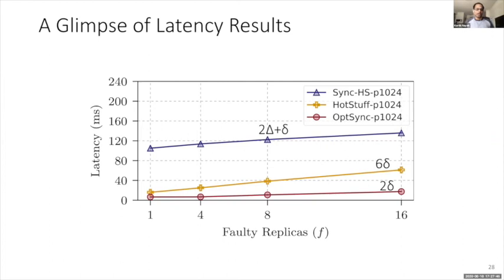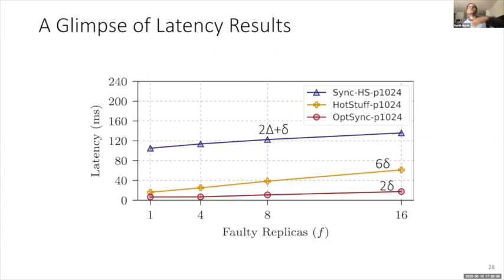That is when you're tolerating fewer than 25% faults. So the 3 curves correspond to Sync HotStuff, which is the state-of-the-art synchronous protocol. The second curve, the yellow one, corresponds to HotStuff, which is the state-of-the-art partially synchronous protocol. And the third curve, OptSync, corresponds to our protocol in the optimistic case.